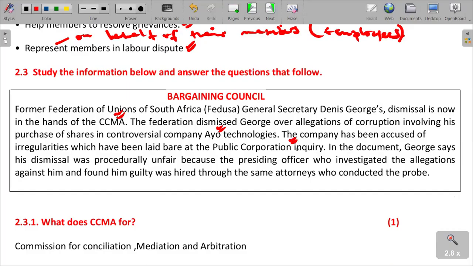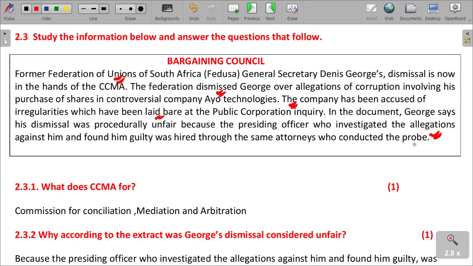In the document, George says his dismissal was procedurally unfair, meaning the rightful procedures were not followed, because the presiding officer, the officer in charge who investigated the allegations against him and found him guilty, was hired through the same attorneys who conducted the probe. So now there are some situations and problems that are arising in this context.